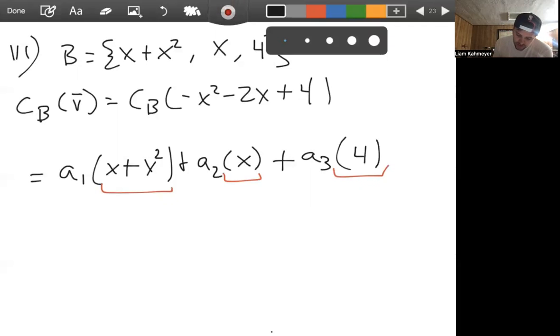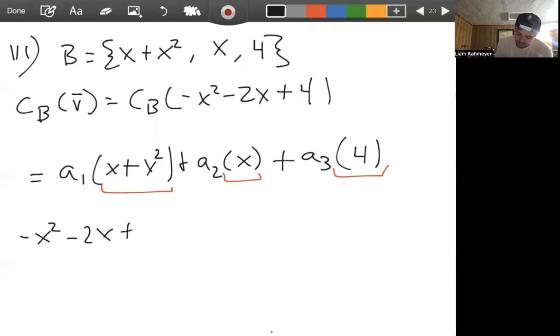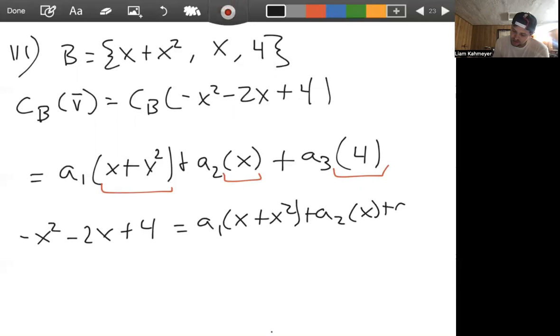Well, this means we need to set up the equality negative x squared minus 2x plus 4 equals a1 times (x plus x squared) plus a2 times x plus a3 times 4, and we need to solve for a1, a2, a3. That will give us the coordinate vector, right? Because this is going to be equal to a1, a2, a3.